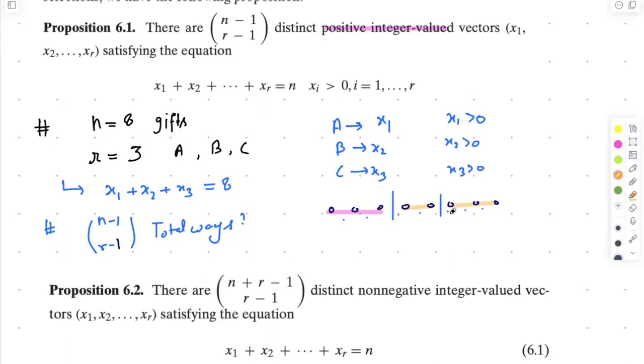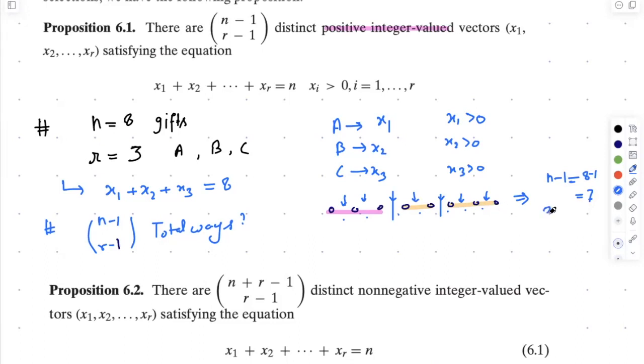Now, how many such lines are possible? I used n minus 1, that is 8 minus 1 equals 7 places. There were 7 places in between these 8 gifts, and I used 2 vertical lines to divide them into 3 parts. How do I get 2?